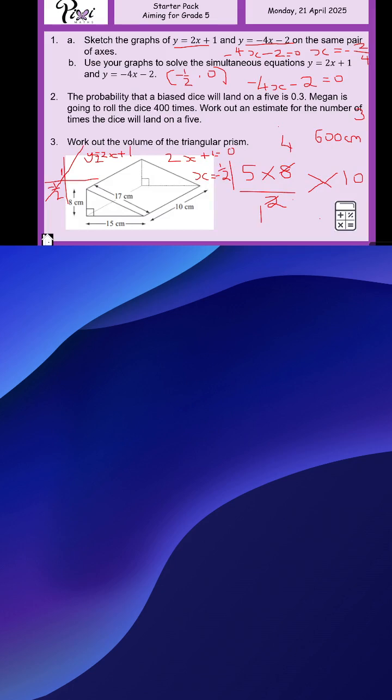Sorry, I've not actually plotted it yet, guys. Because minus 4x minus 2 would look something like this. So minus 2 crosses at the same point. Because if you set minus 4x minus 2 equals 0 and solve it, you'll get x is minus a half. I hope that makes sense, guys.